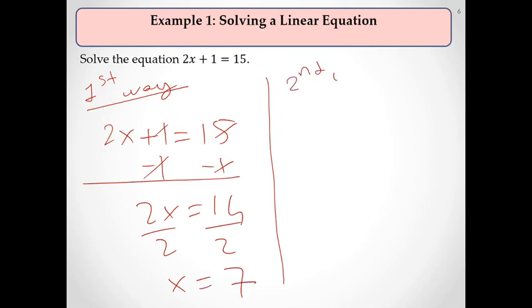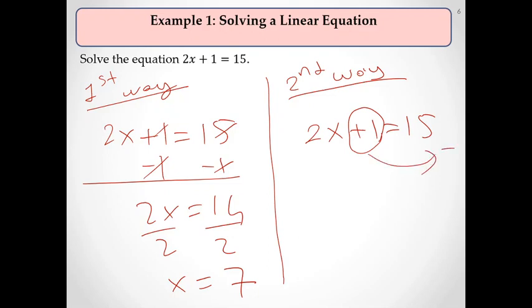And the second way is not for beginners. It's if you have some experience. You take the equation and say, okay, I have to collect x on one side and the other numbers on this side. Just send this one here as minus. So it will be 15 minus 1, 2x equal to 14, which gives you again x equal to 7.